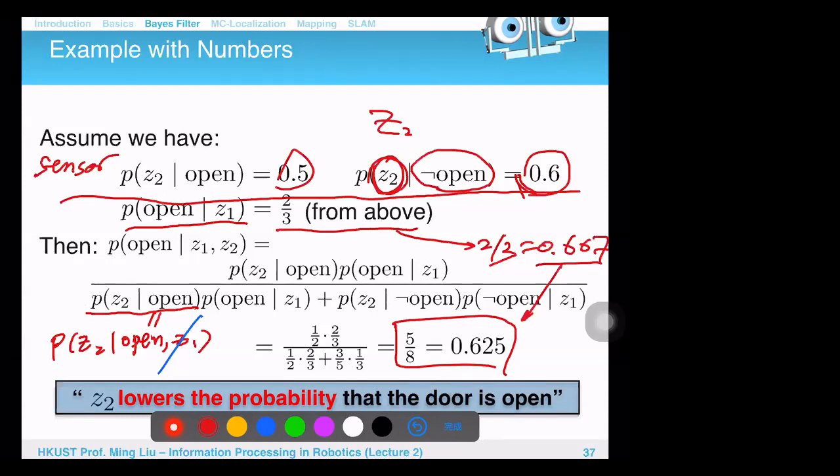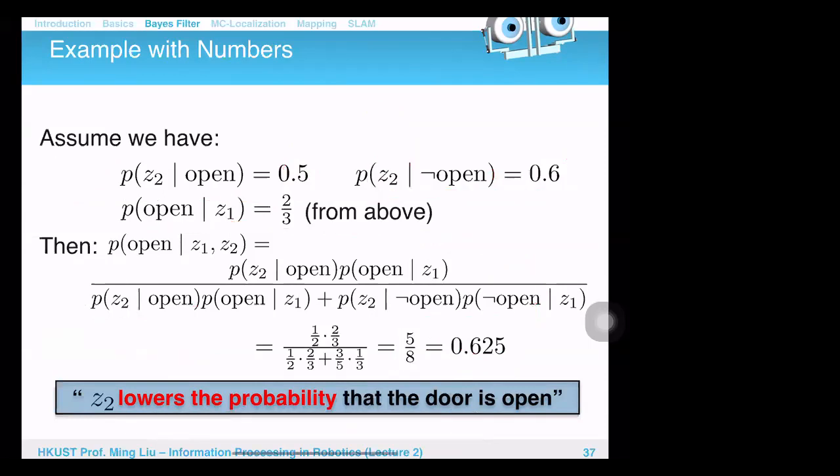If you see Z1 and Z2 at the same time, you have some probability between a random guess and what you get by only observing Z1. Specifically, it's this number. The value itself doesn't matter so much; it's important to know the theory behind it, the structure or analysis. Good.